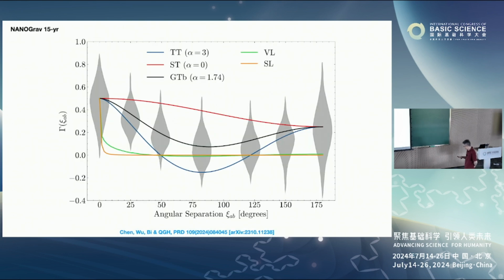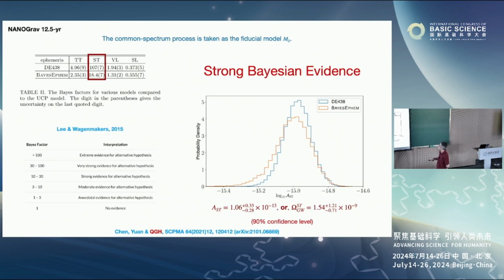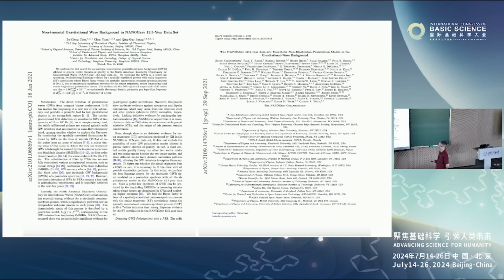So here we roughly show the different predictions for the different polarization modes. This is the Hellings-Downs curve, and this is the scalar transverse mode. Because we found strong Bayes evidence for this scalar transverse mode in the NANOGrav 12.5 years dataset, we also want to ask whether this signal is still there or disappears in the new data, right?